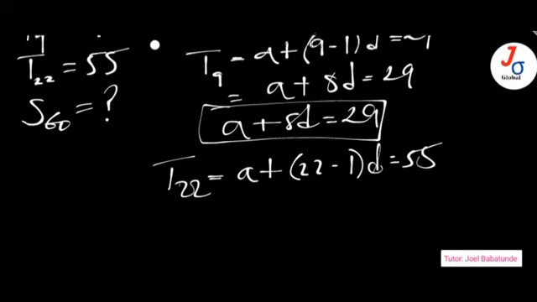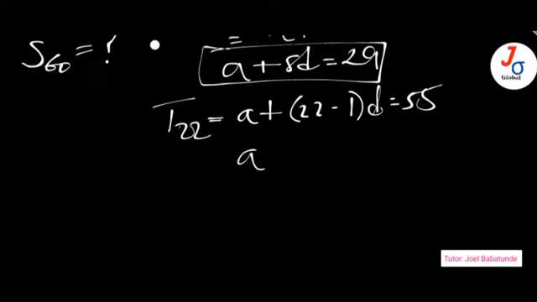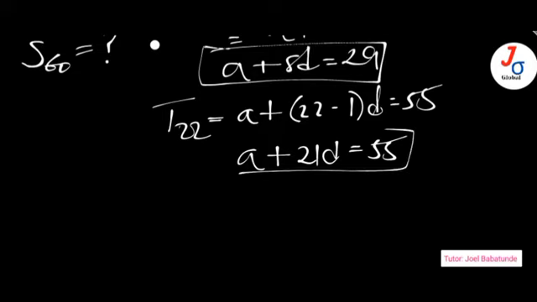That's a plus 21d equals 55. I'm going to keep this. I have these two equations. I'll call this equation 1 and this equation 2.